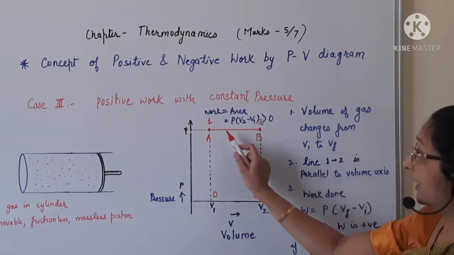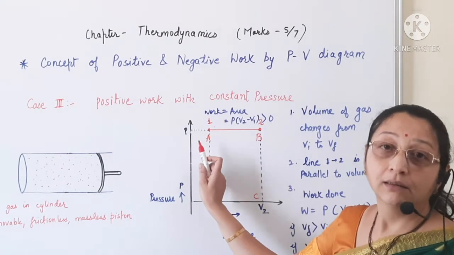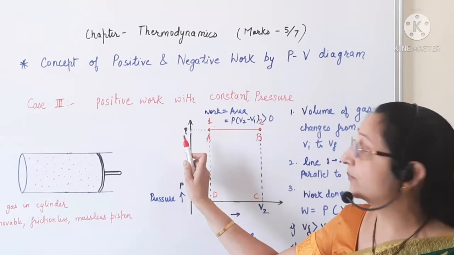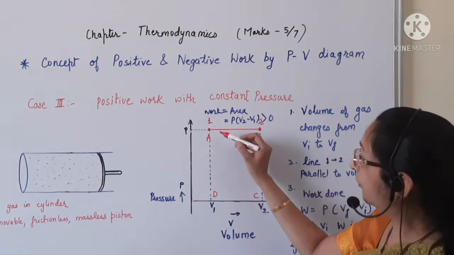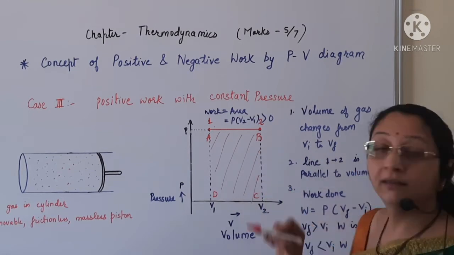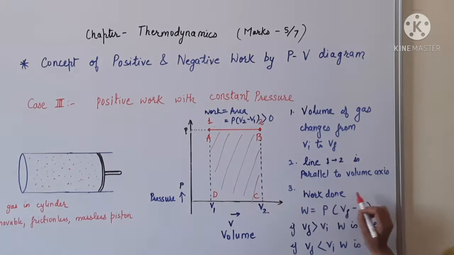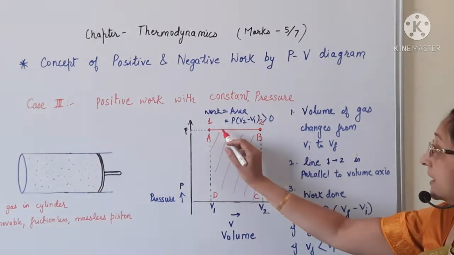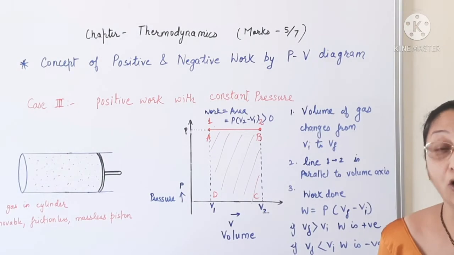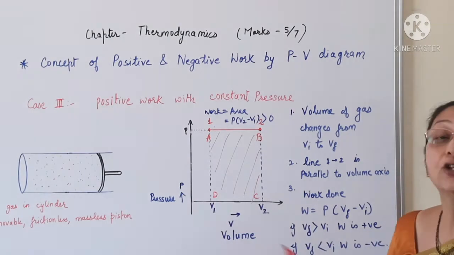Now the work done to increase the volume of the gas, or to change the state of the system from 1 to 2, is the area under this straight line. Since it is a straight line, we don't have to take the integral, because the pressure is not changing.